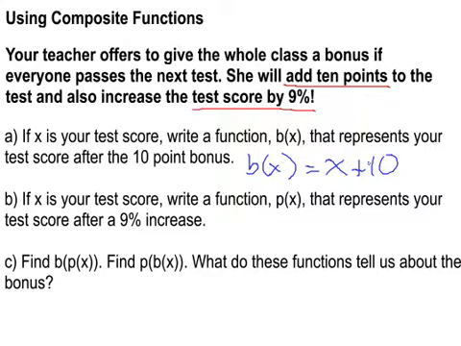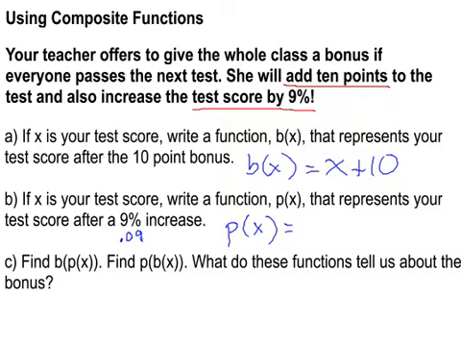Part B says if x is your test score, write a function p of x that represents your score after a 9% increase. Well, if x is my test score and we increase it by 9%, p of x would equal my test score times, we don't want to multiply by just 0.09.